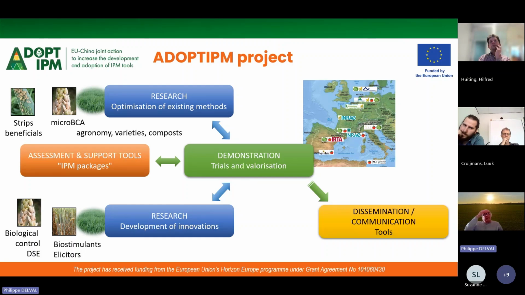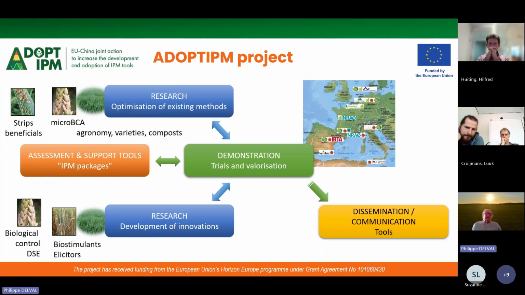For instance, for wheat, in optimization of existing methods, we have strips, use of beneficials, micro BCA, study on agronomy, varieties, and compost solutions.